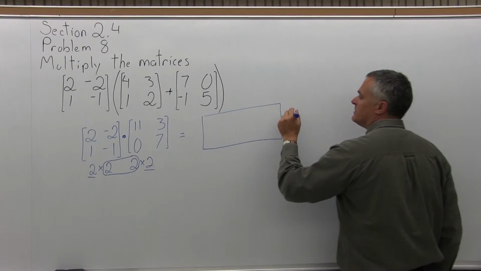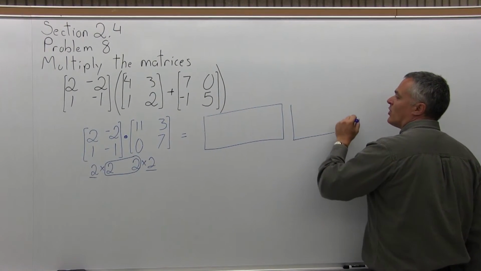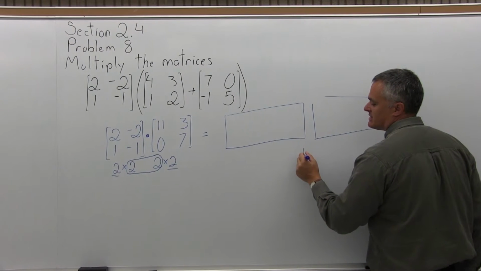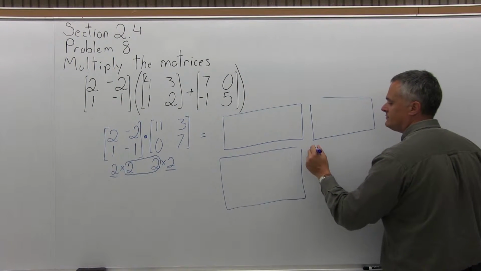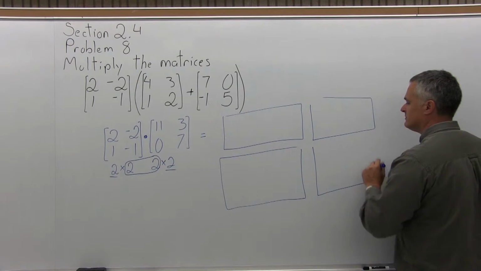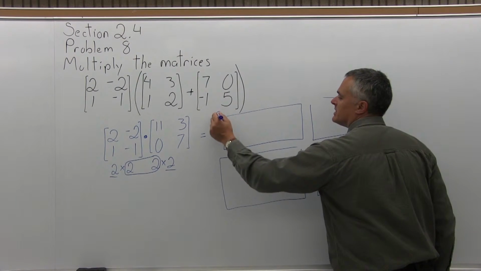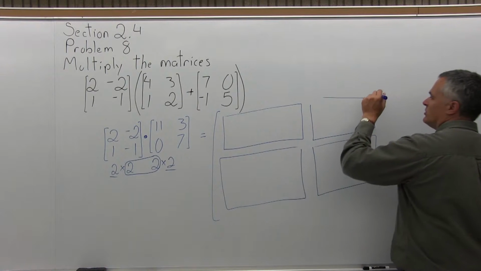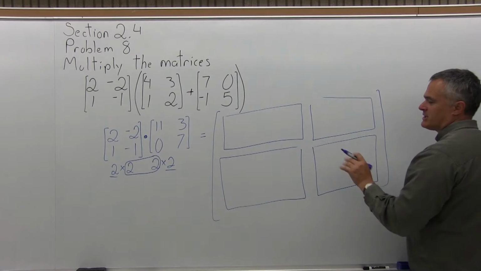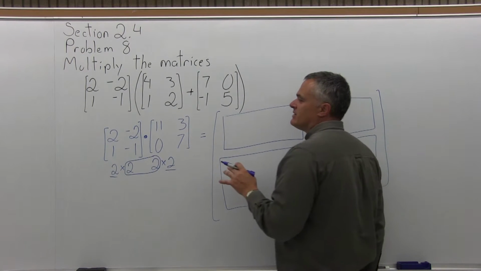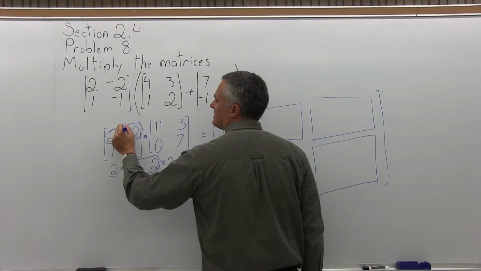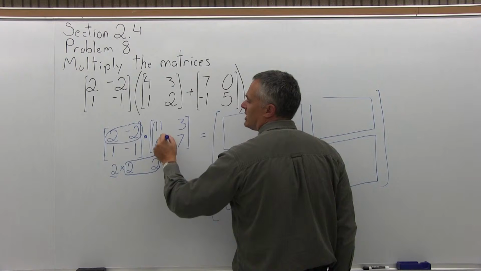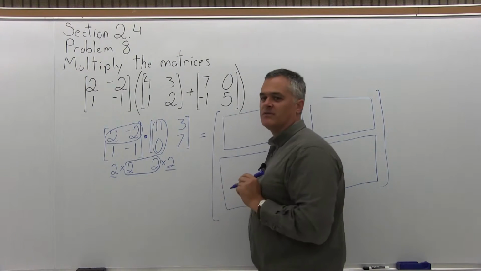And again, I'll write those big boxes, and I'll do the work inside the boxes, and then when I'm done, I'll write only the answer. So I'm going to set up a matrix for my answer with 2 rows and 2 columns with these big boxes that I'll fill in. To start this off, I'm going to multiply the top row of the first matrix, 2, negative 2, times the first column of the second matrix, 11, 0.